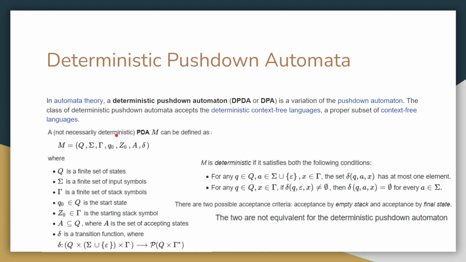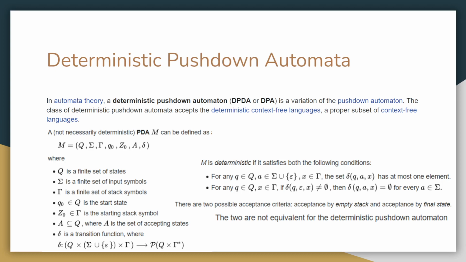A PDA, basically a push-down automaton, not necessarily deterministic, can be defined as a seven tuple notation which consists of Q, Sigma, Gamma, Q naught, Z naught, A, and delta. Q is a finite set of states, Sigma is a finite set of input symbols, Gamma is a finite set of stack symbols.